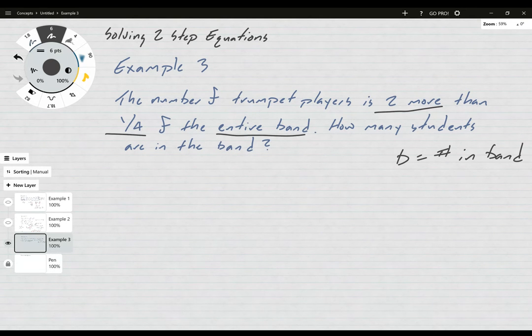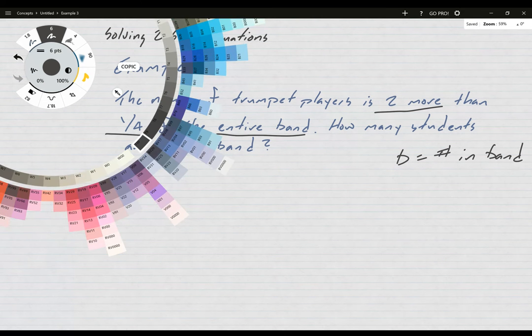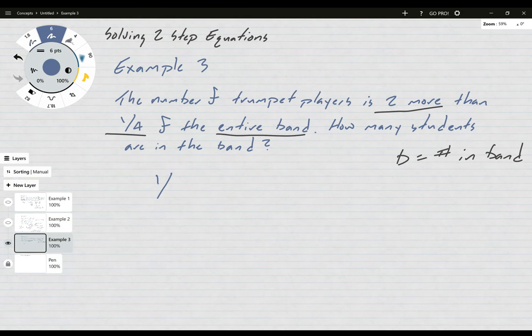So if we know that B represents our band, we can use the expression 1/4 multiplied by B to represent 1/4 of the band. But we know that the trumpet players is 2 more than that, so I'm going to add 2 to that amount. So 1/4 of the band plus 2 represents how many trumpet players there are.